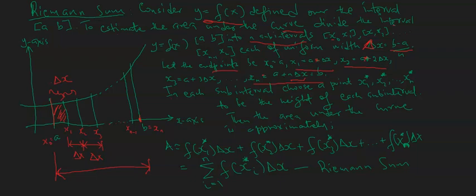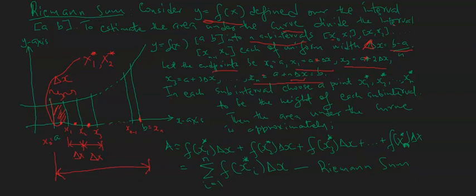For example, between endpoint x2 and x3, we take a point here, which we are referring to as x stars, such that the first one in the interval x0 to x1 will be x star 1, and the second one between endpoint x1 and x2 will be x star 2.